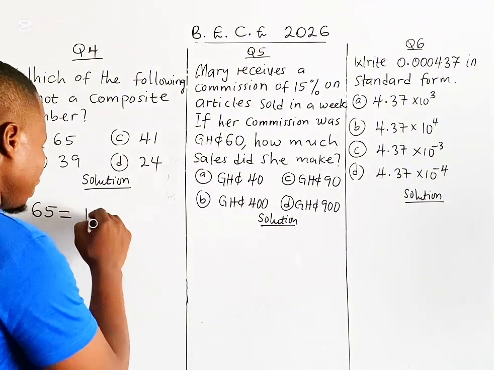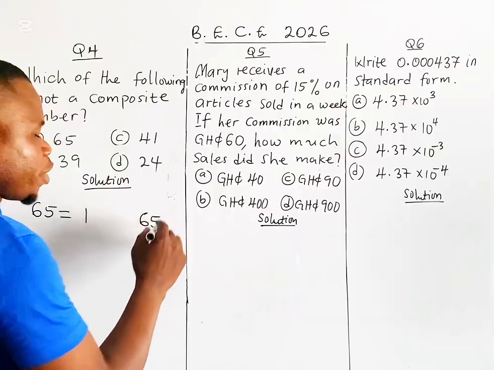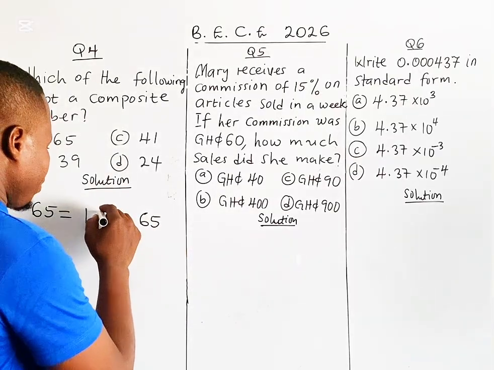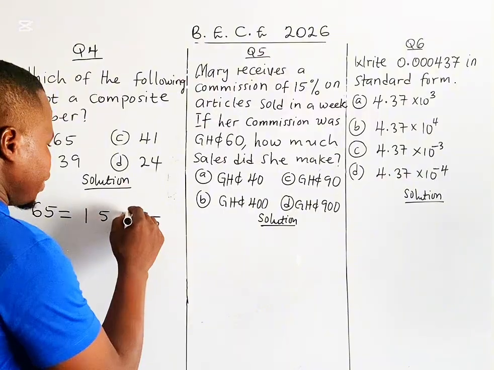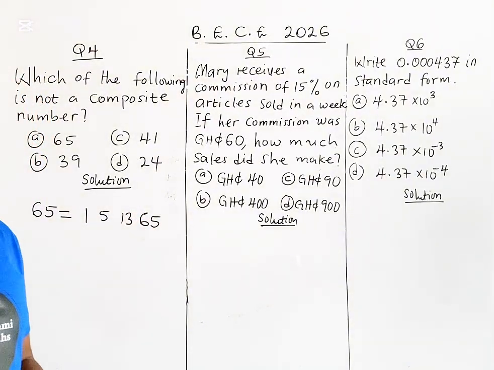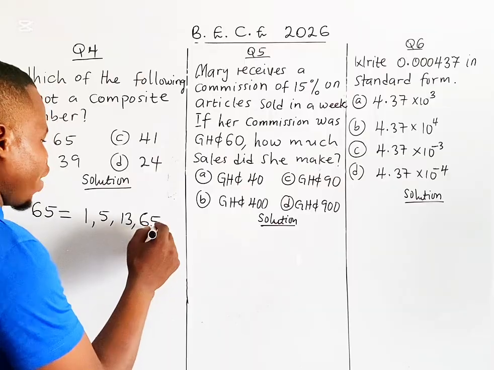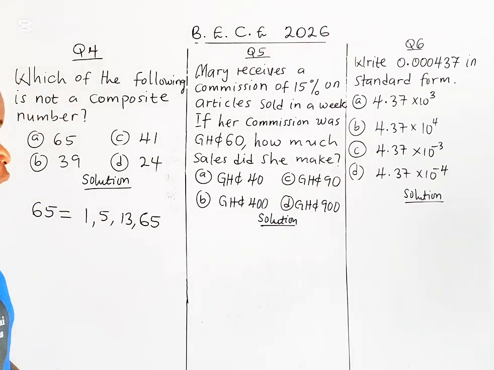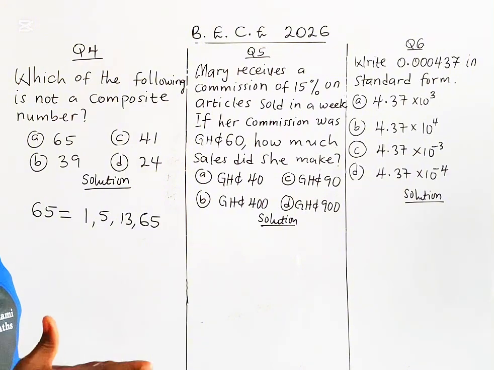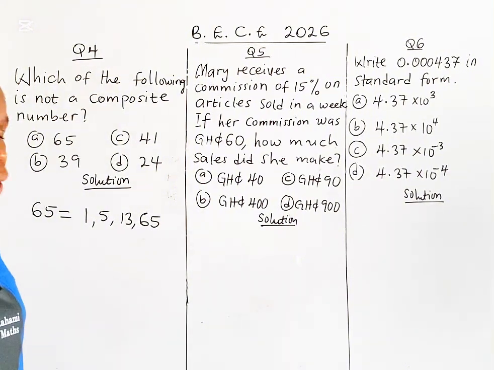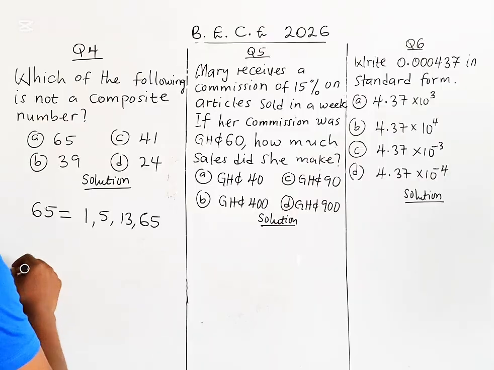If I take 1 times 65, I'll get 65. If I take 5 times 13, I'll get 65. So that means the factors of 65 are 1, 5, 13, and 65. And this has more than two factors, meaning this option is not the right answer.